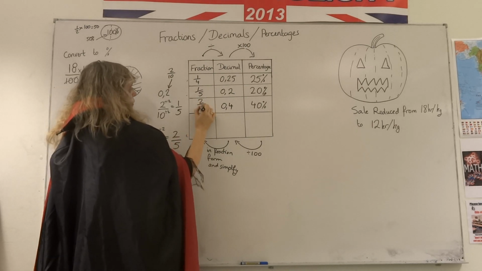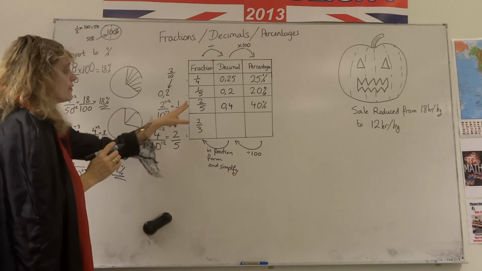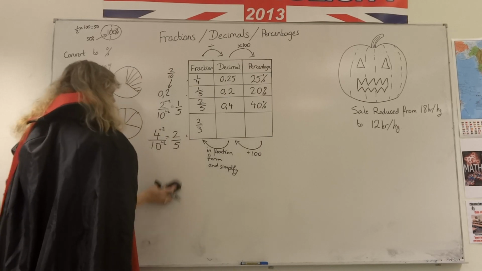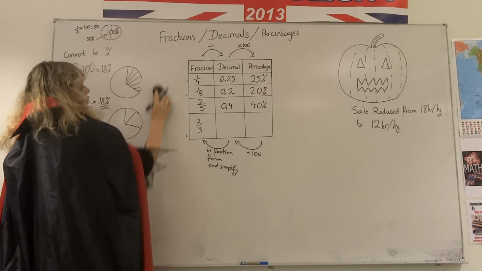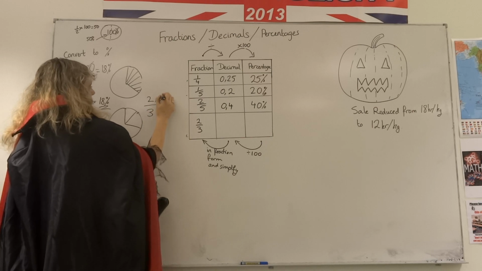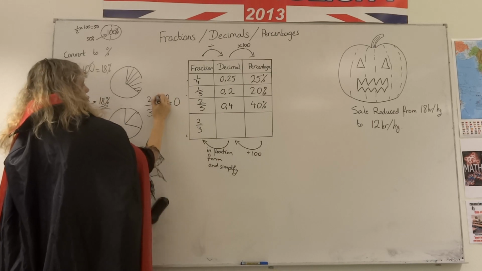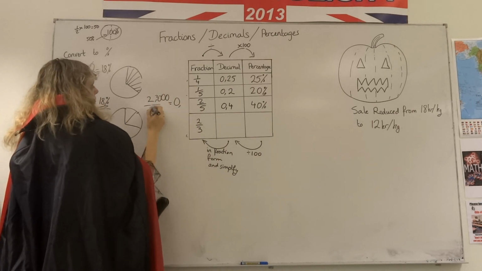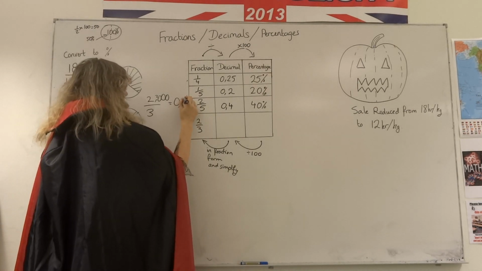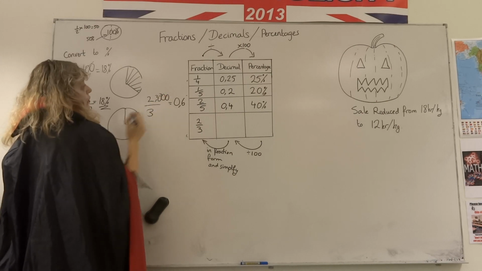So 0.4 is equivalent to the fraction 2/5. What about 2/3 then? Well, this is going to be one of our recurring fractions again. If we were to divide 2 by 3, 3 goes into 2, 0 times, 2 left over. 3's go into 20, 6 times. 6 3's are 18 and we had 20 here, so there'd be 2 left over.